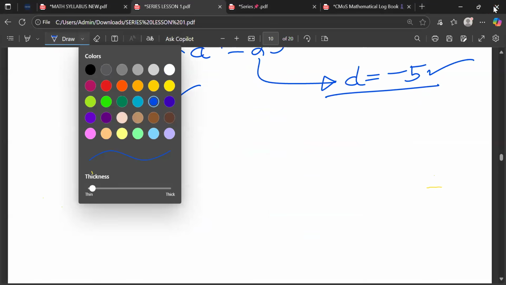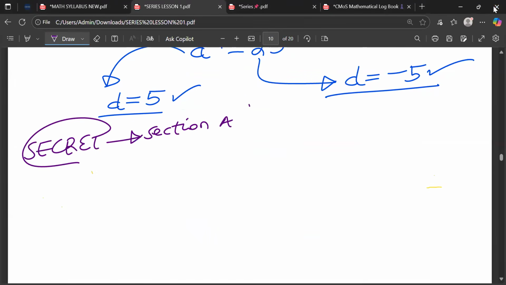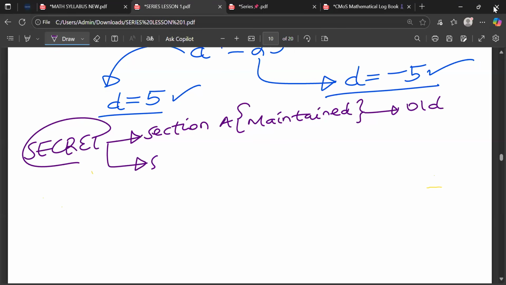Right now, they are currently proposing that the papers should remain as they've been, so that section A is maintained when it is having computation tasks, like those of the old curriculum. Then section B will have scenarios. But that's a proposal. It may or may not come true. So please, you're supposed to respect the questions of the old curriculum.